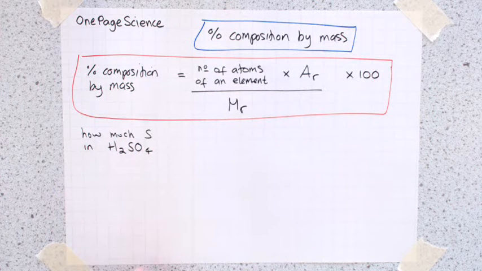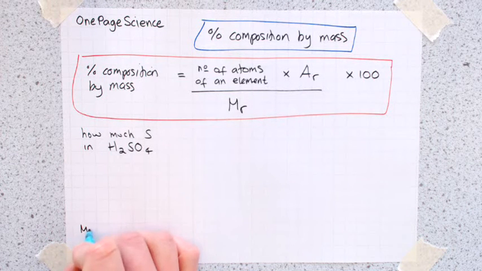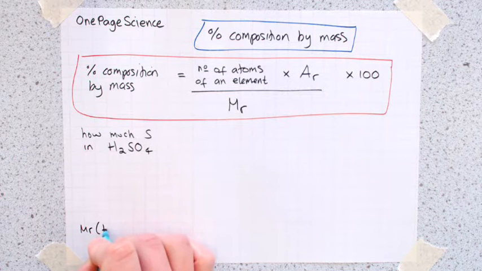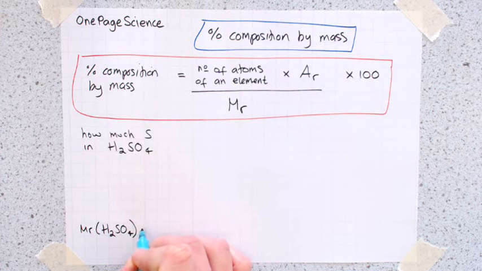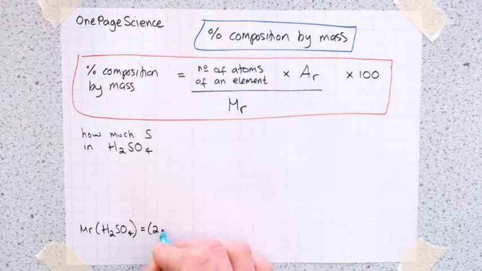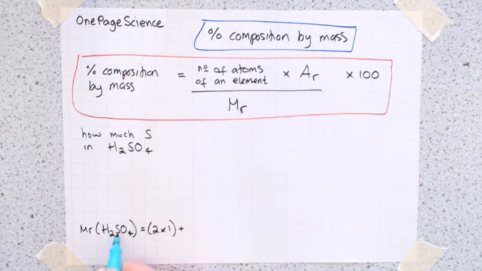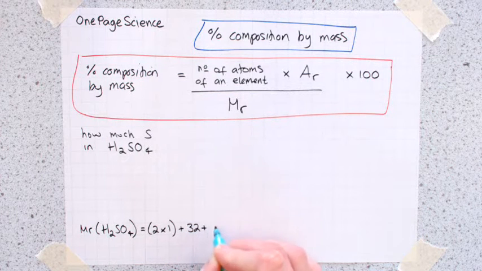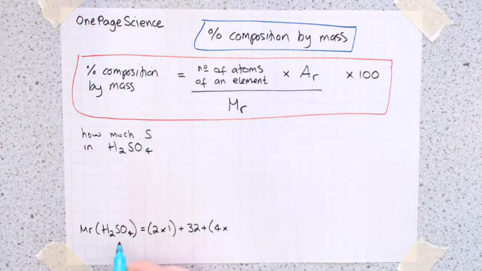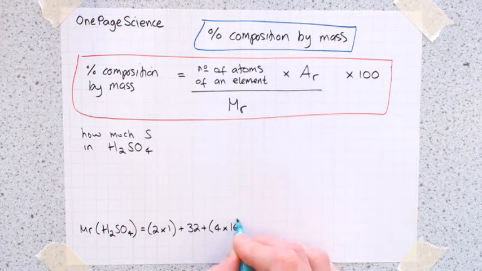The thing I recommend you do before you start is, as a little side calculation, work out the relative mass. So the relative molecular mass of H2SO4 equals 2 hydrogens times the relative mass of hydrogen, which is 1, plus the relative mass of 1 sulfur, which is 32, plus 4 times the relative mass of oxygen, which is 16.